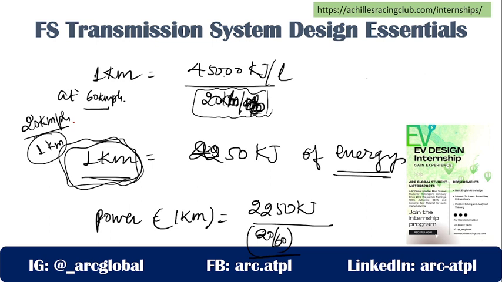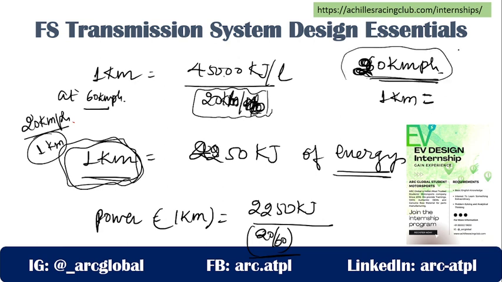Just check the time. If the speed is 60 kmph, to move 1 kilometer, how much time will I take? Sorry, 20 kmph. To move 1 kilometer, I will be taking 3 minutes, or you can say 180 seconds.